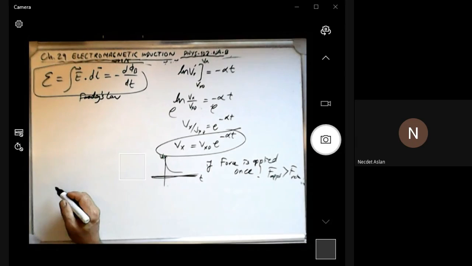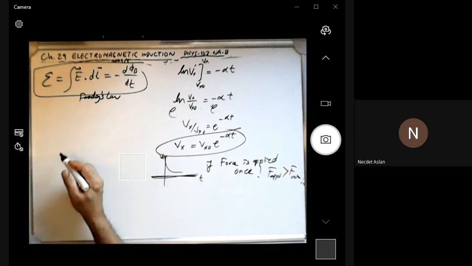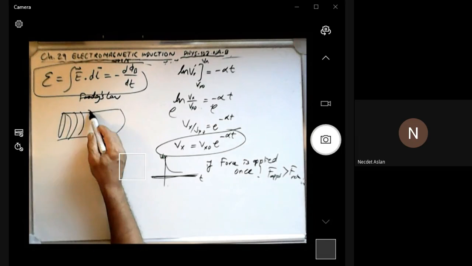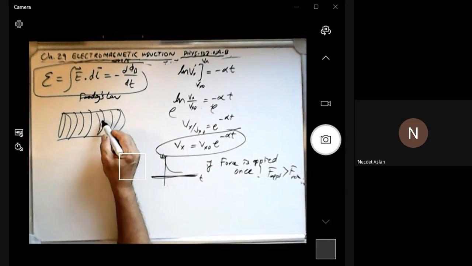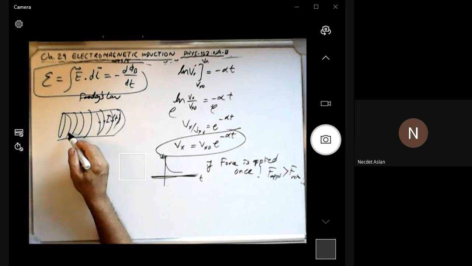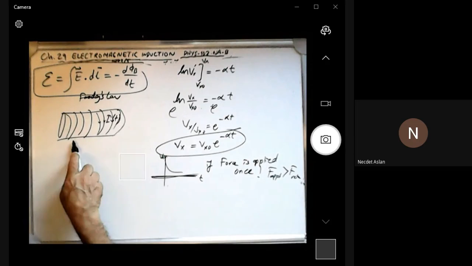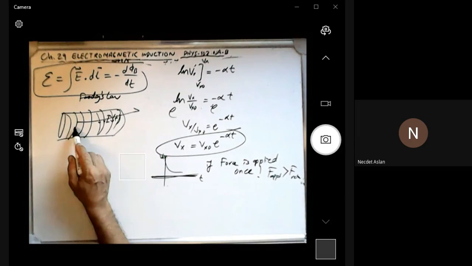Now we can use some kind of application of this Faraday's law. Suppose that we have this big coil, and we pass a current through it, say a function of time. By using the right-hand rule, we can create magnetic field lines that also change in time.